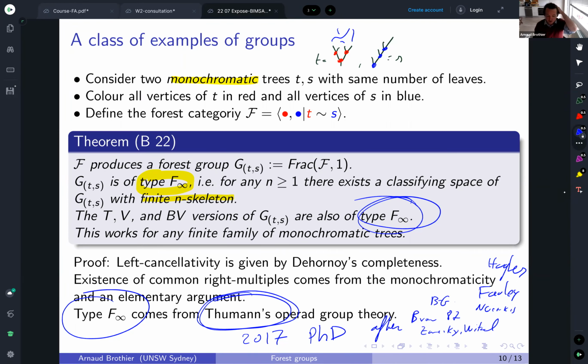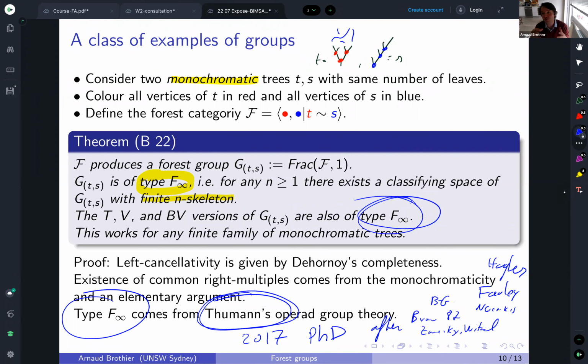So at the end of the day, what do you get? From very minimal data, 2 binary trees, you are able to construct one group, and this group happens to be interesting. And now there's a lot to do because you would like to know what other properties it has. As I was saying, Thompson's groups are the main source of infinite simple groups with nice finiteness properties. Here you have infinite groups with nice finiteness properties.